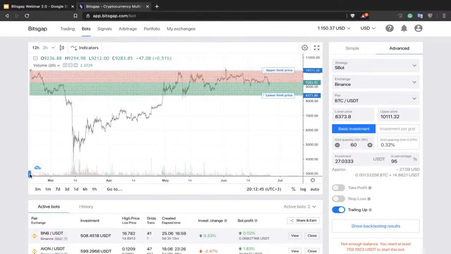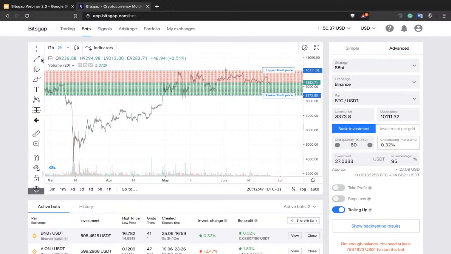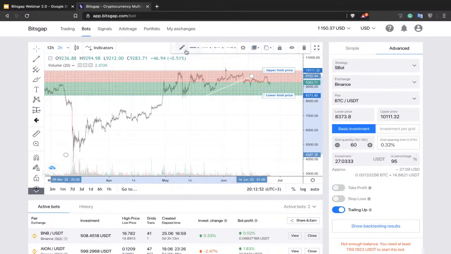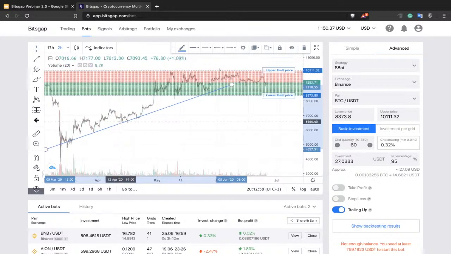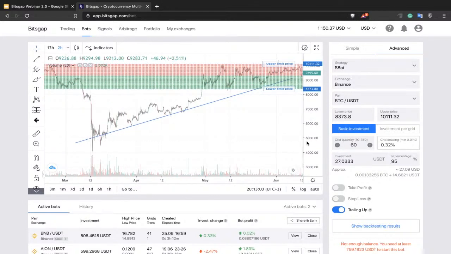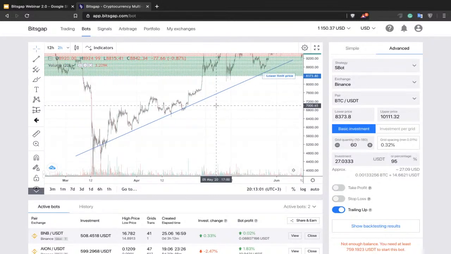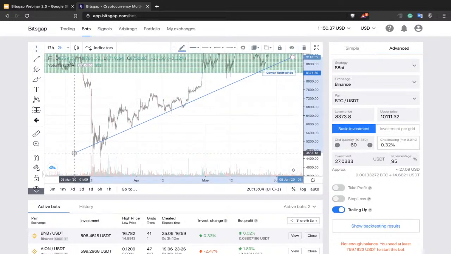And in previous cases where I entered the market, the price bounced off the support level. So what I've noticed is that many cryptocurrencies do respect the support level.